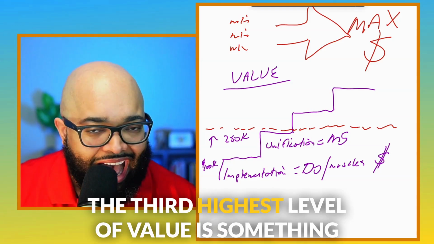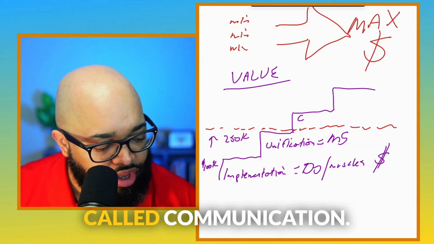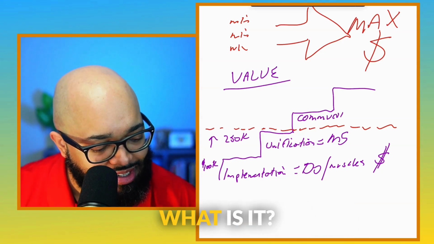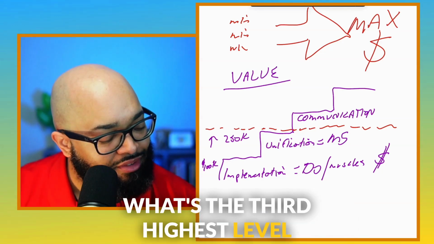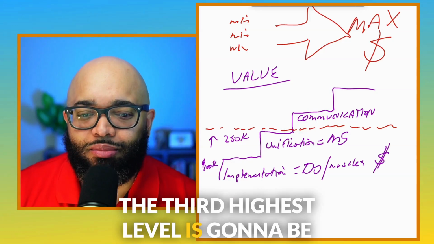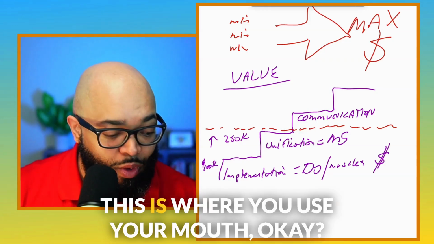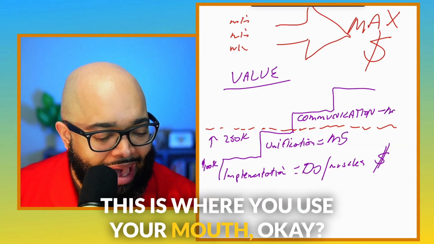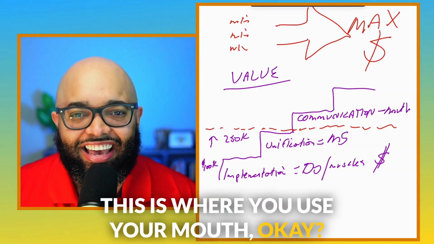The third highest level of value is something called communication. Talk back to me. What is it? What's the third highest level of value? The third highest level is going to be communication. This is where you use your mouth, okay?